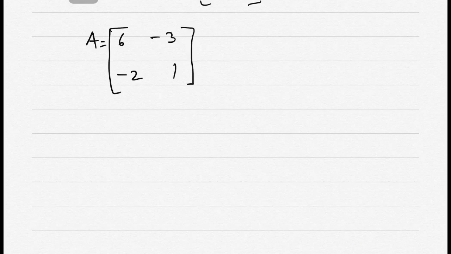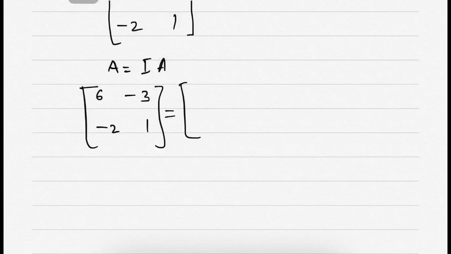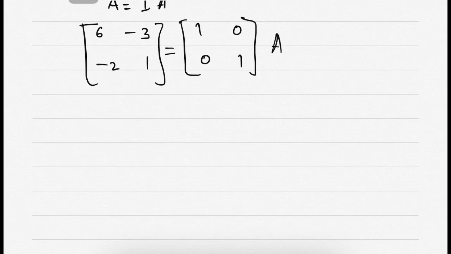We'll write A equal to I into A, where I is the identity matrix of the same order. A is [6 -3; -2 1]. I is [1 0; 0 1] into A.